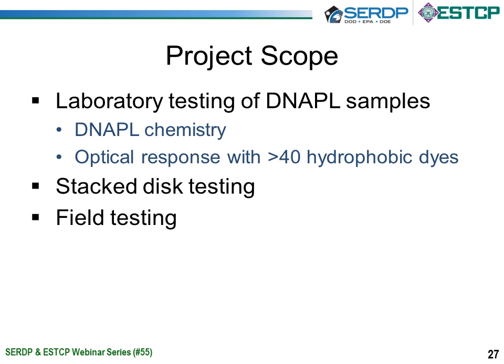We analyzed those samples for the chemistry and then the optical response with at least 40 different hydrophobic dyes. And the dyes that we sought out are dyes that are non-toxic and used in the textile industry, for example, for dyeing shoe leather. So Randy St. Germain at Dakota Technology really did a great job of obtaining and testing various dyes with 24 different samples of actual DNAPL.